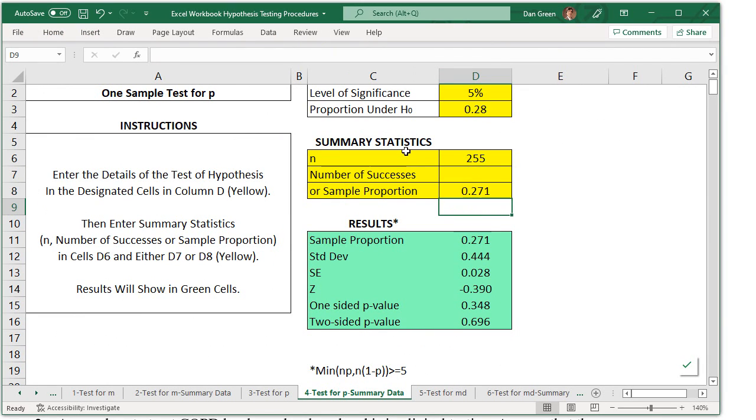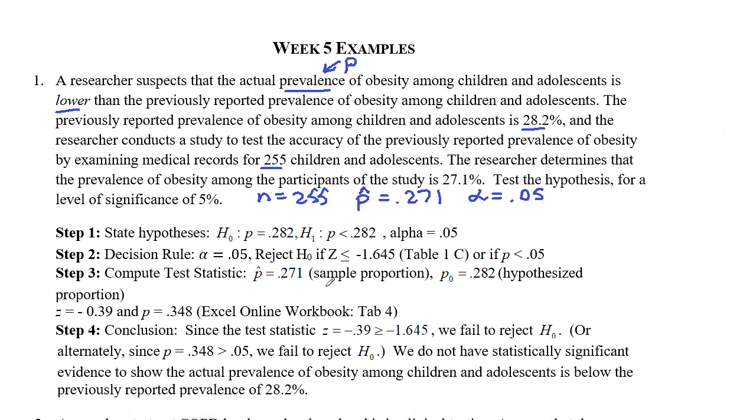Enter. So we see that our test Z value, our test statistic, is negative 0.39, and our one-sided p-value is 0.348. So that is where I got this, Z negative 0.39, and P is 0.348.